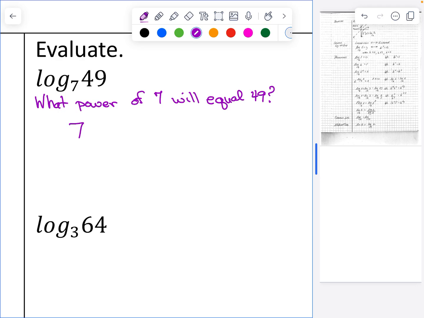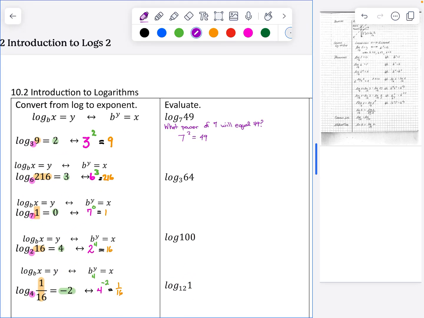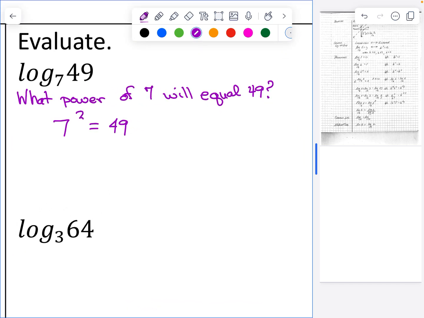Well, 7 squared equals 49. So the power must be 2. So the answer to this question is 2.